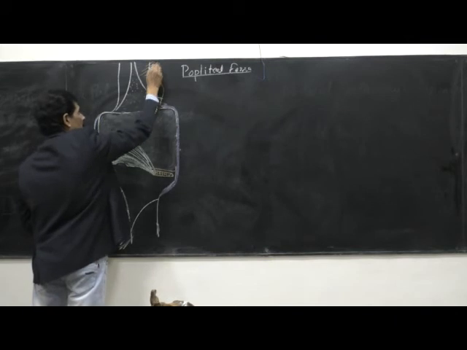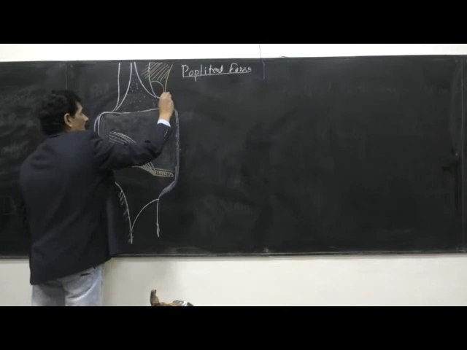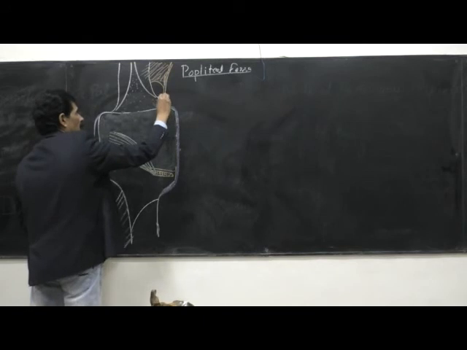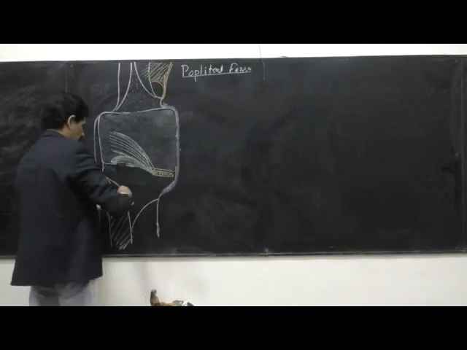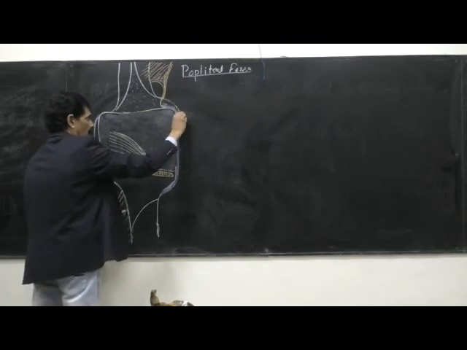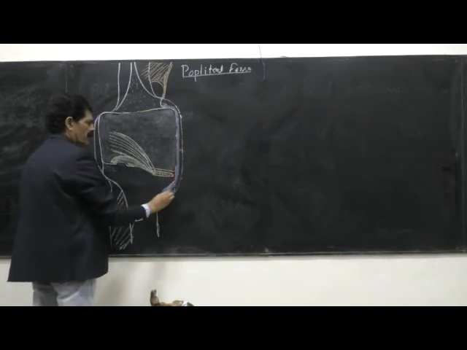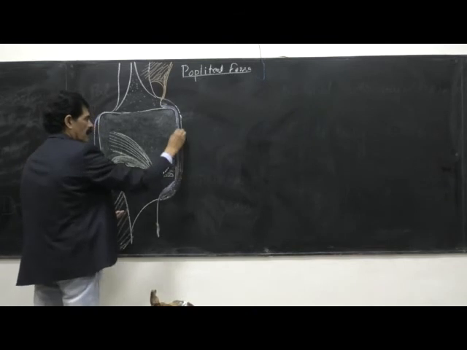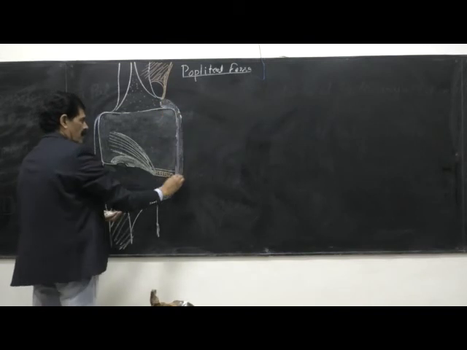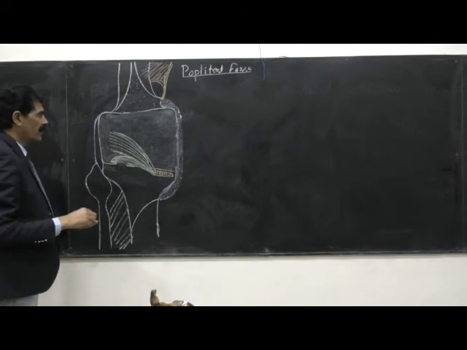And this is the attachment of the adductor magnus muscle up to the adductor tubercle, and from the insertion, an aponeurotic extension of this adductor magnus goes parallel with the fibrous capsule as the medial collateral ligament, or the tibial collateral ligament.